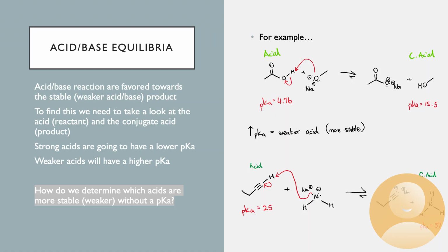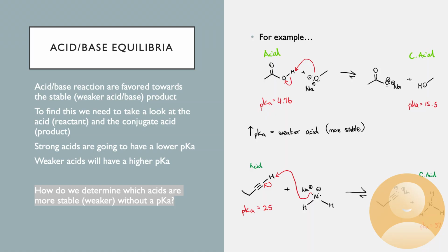On the bottom, we have 1-butene reacting with a very strong base, sodium amide. The acid-base reaction will commence, taking the proton off the 1-butene, making ammonia, our conjugate acid, and I can't even remember what the sign is called.